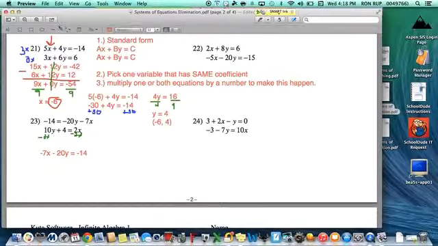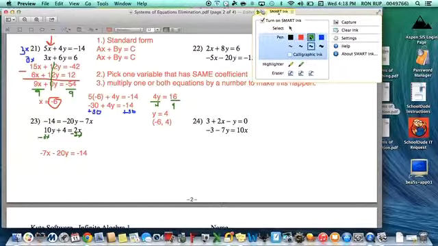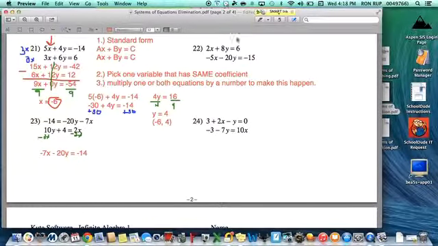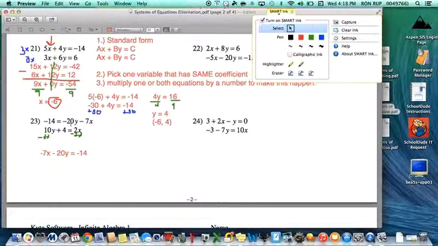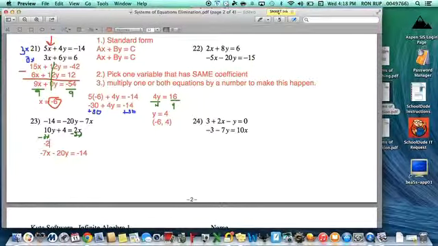And so now this equation becomes negative 2x plus 10y plus 4 equals 0. We're still not where we need to be because I need the 4 over there.